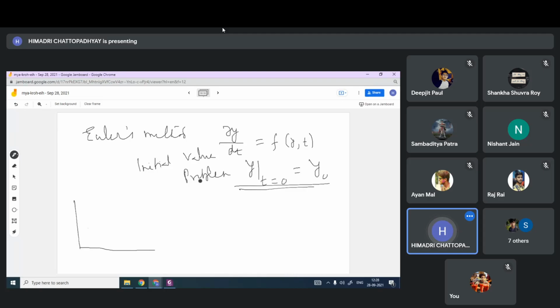For example, say I am taking this gap, I may get a solution like this. I take a smaller gap, the solution may look like this, and still smaller, and let's say this is the analytical solution. You see, the smaller the gap, the closer it will be to the actual analytical solution. Next is another method for the same class.